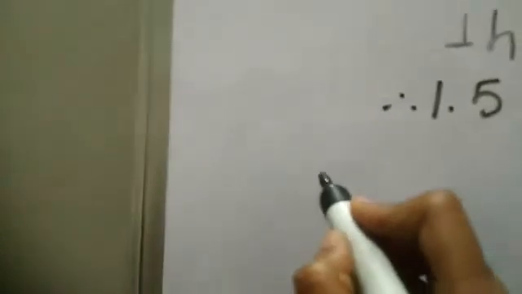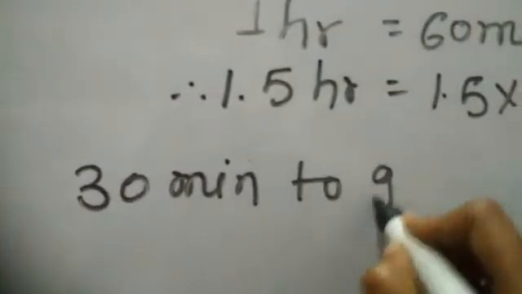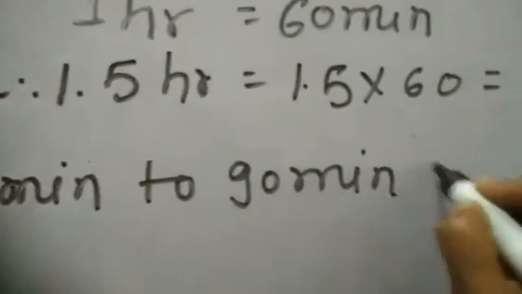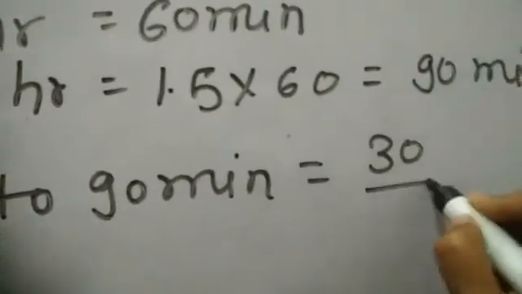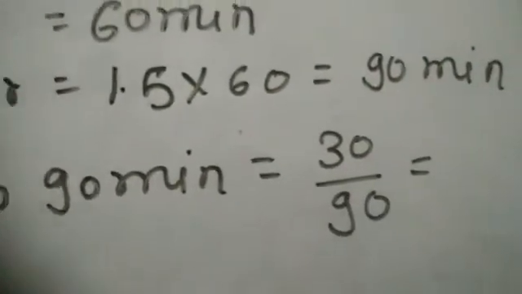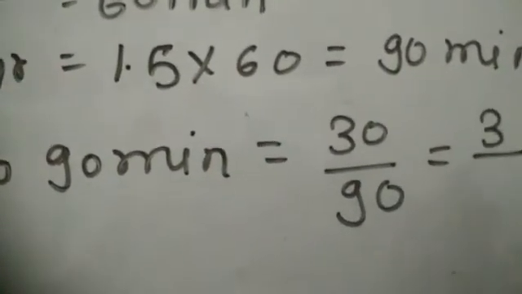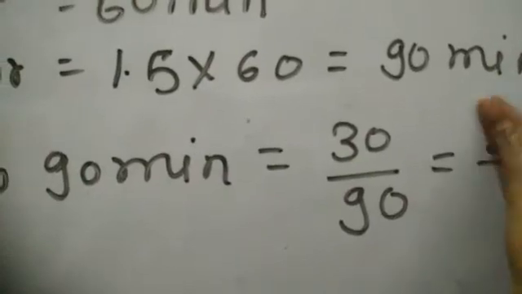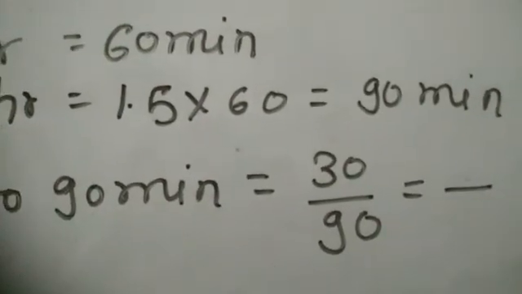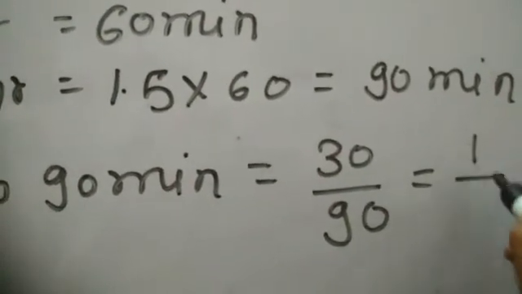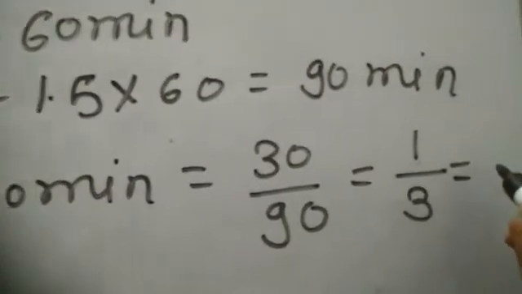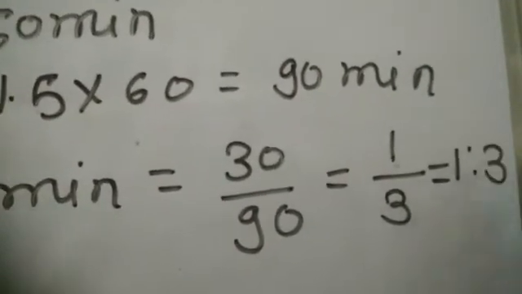Now I am going to take the ratio of 30 minutes to 90 minutes. The ratio will be 30 upon 90. If we divide the numerator and denominator by 30, we will get 1 and 3. Hence the required ratio is 1:3.